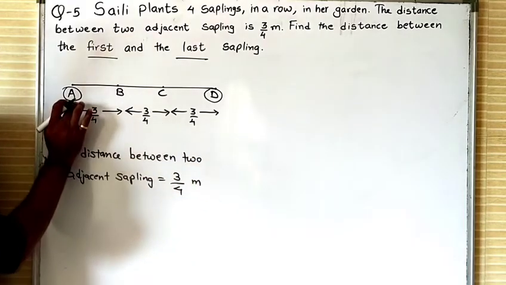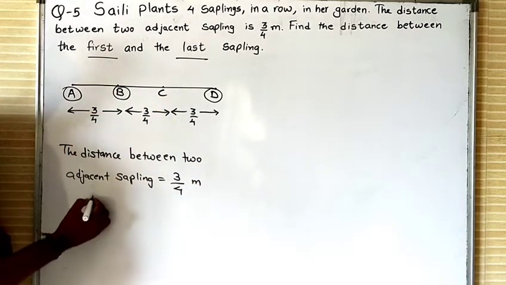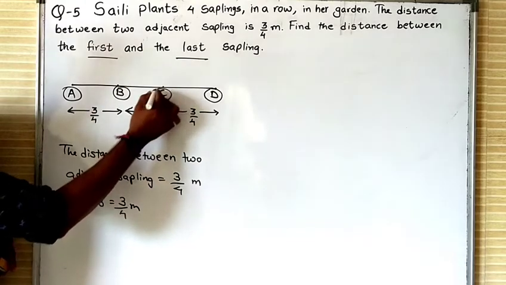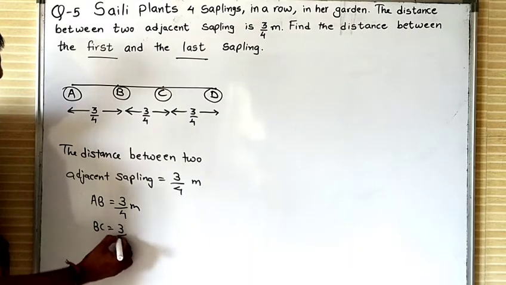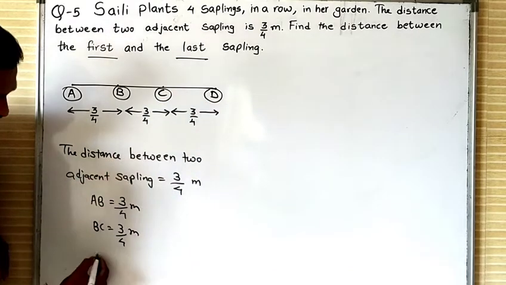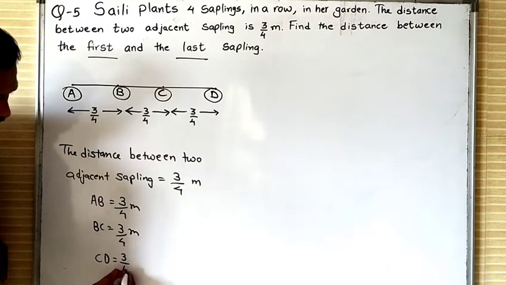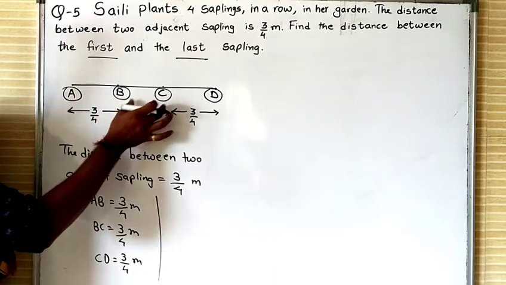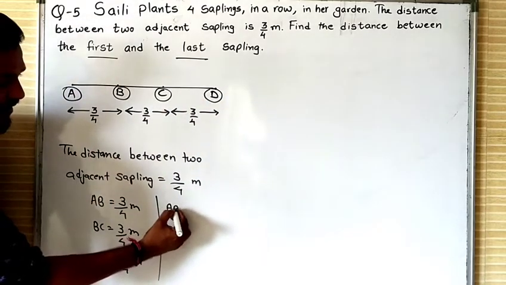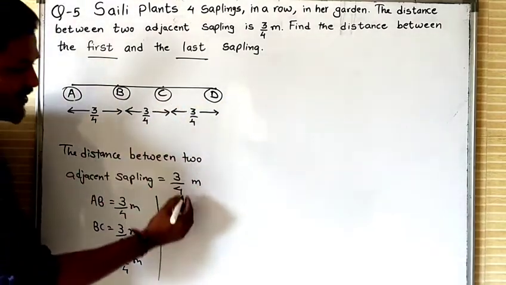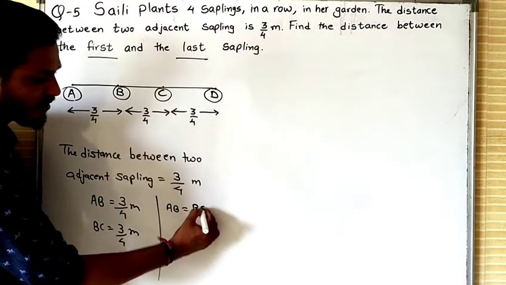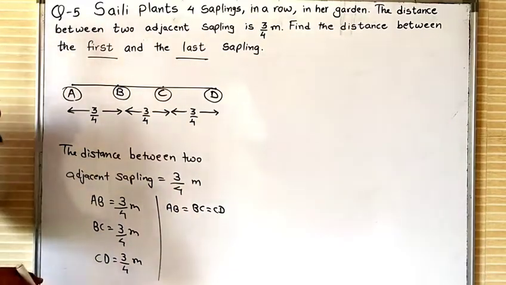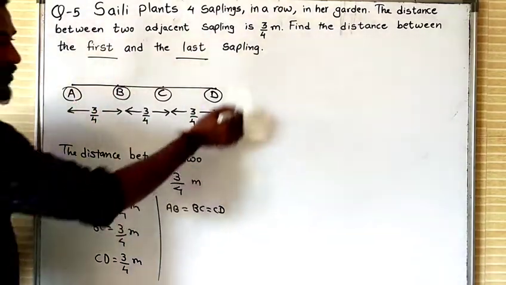Sapling A to B 3/4 meter, sapling B to C 3/4 meter, sapling C to D 3/4 meter. So we can say that distance between all the two adjacent saplings are equal. That is AB, the distance of A to B, sapling B to C equals to C to D. All are equal.